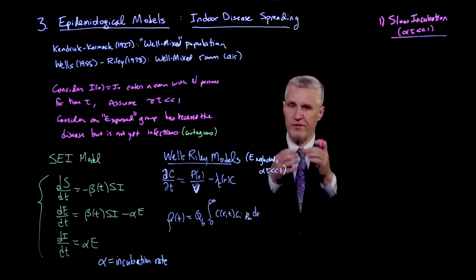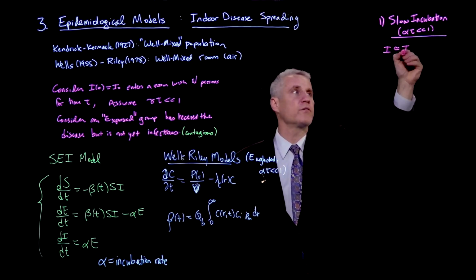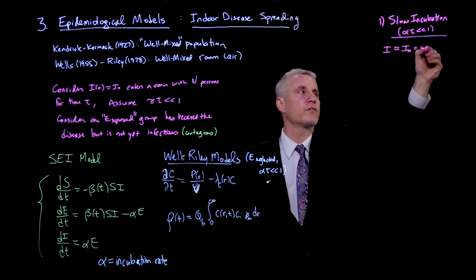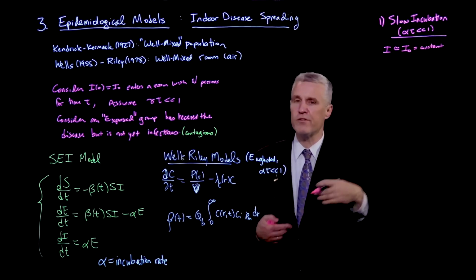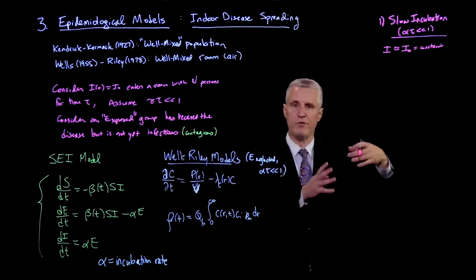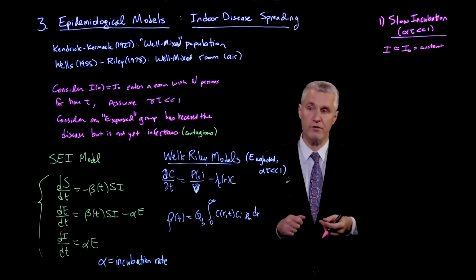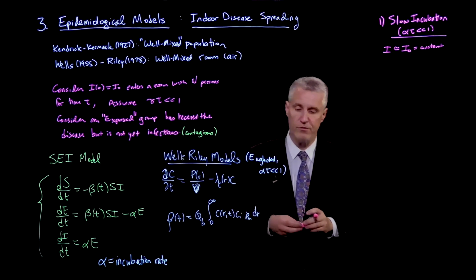So it's really just like a fixed source, essentially saying that I is equal to I0, which is a constant. So even though the disease is being transmitted, there's no amplification effect, because the people who've been exposed are not able to themselves infect others because the incubation is too slow.